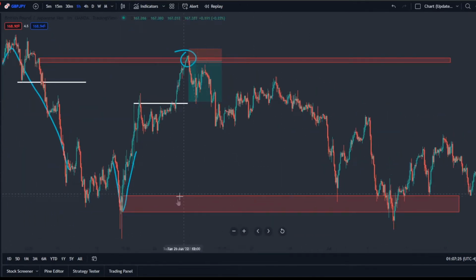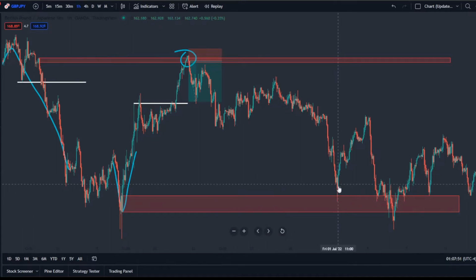Now that I have my zone here, I would need to wait for the price to reach this area again. So I wait and I wait and I wait and I wait, and then the price has reached here again. Ideally I would need to wait for a sign of rejection.